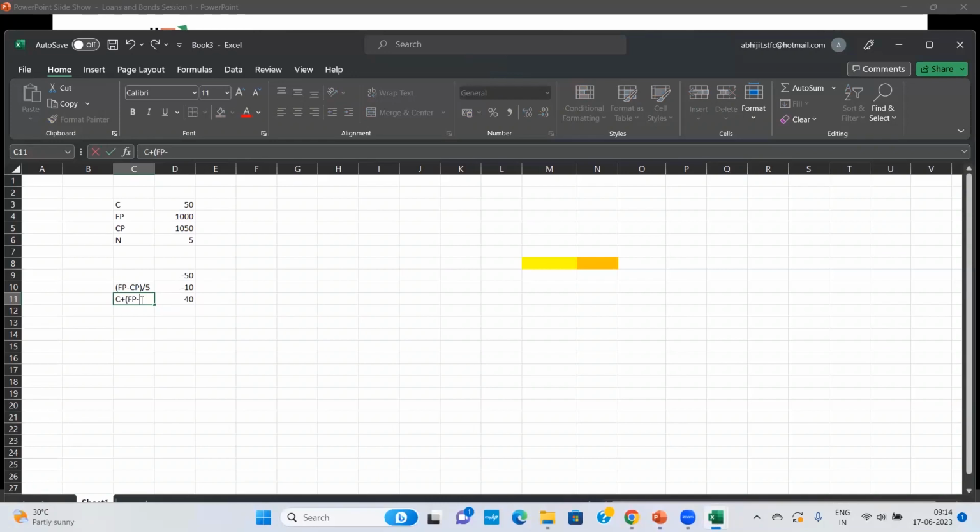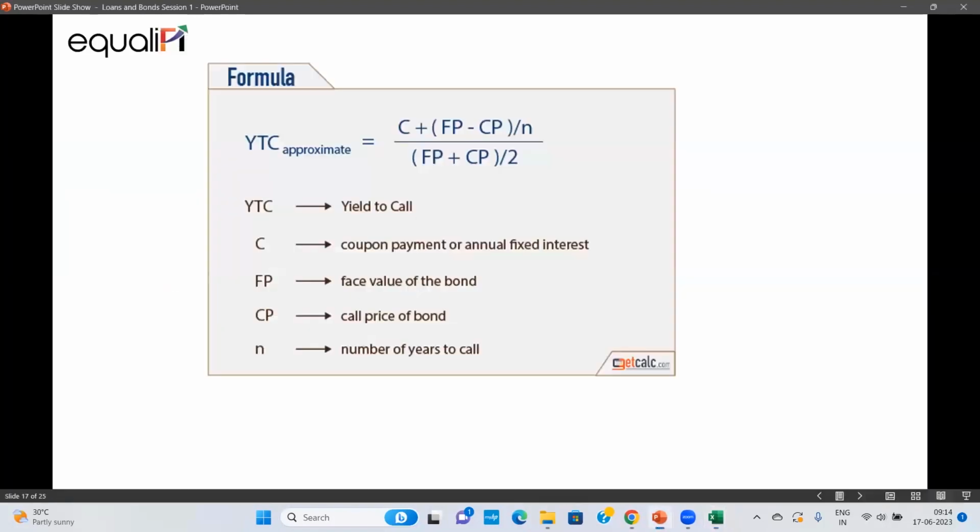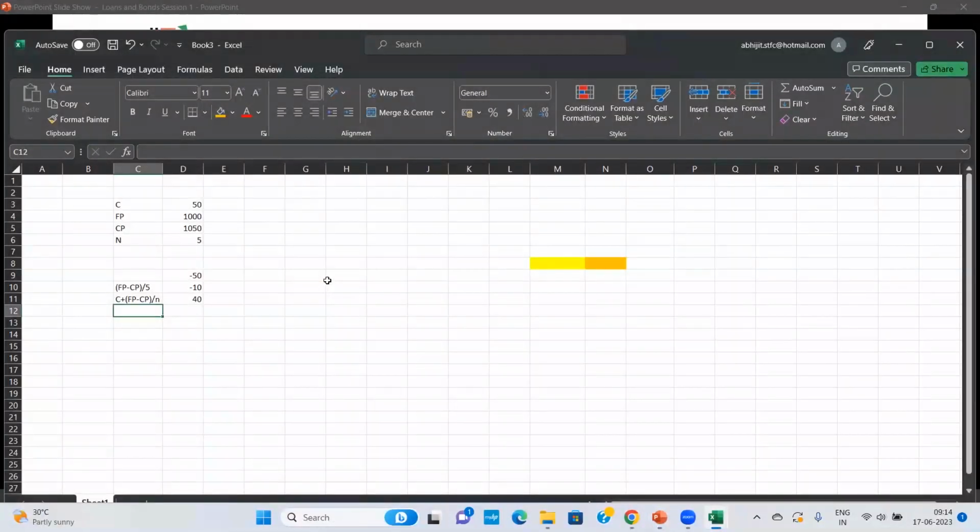Now I'll calculate the denominator, that is (FP plus CP) divided by 2. I have FP, I have CP, and divided by 2 means average.